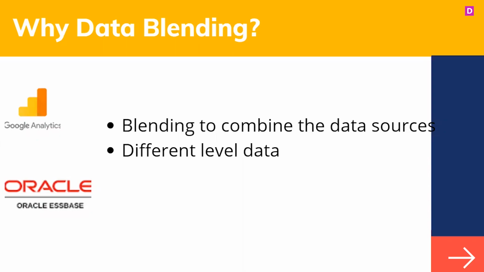Maybe you will have transactional data stored in Salesforce, and then some other data stored in your Access. So what you want to do is combine the data stored in different databases.